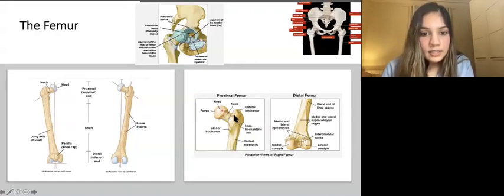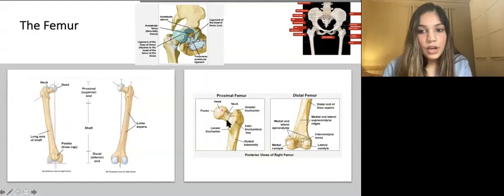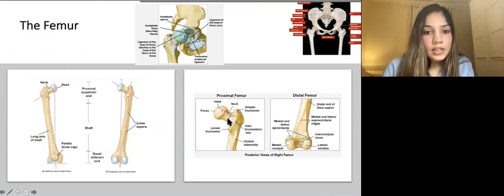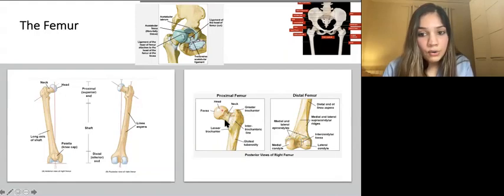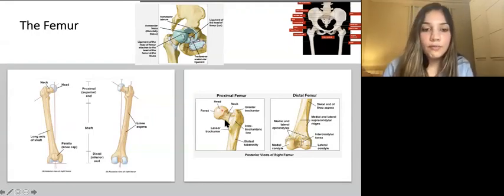And this allows the hip to move in different directions and allows for an increased range of movement at the hip joint. However, this femoral neck is very narrow, and so it's a point of structural weakness, which is why, as we'll cover later on, a lot of patients can have fractures at the neck of the femur.